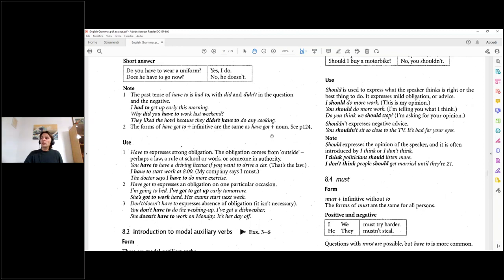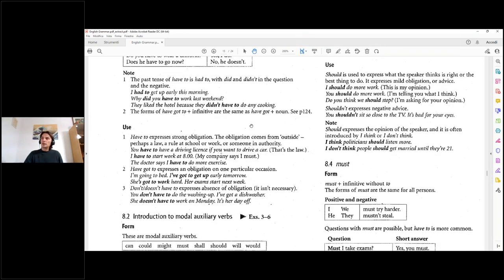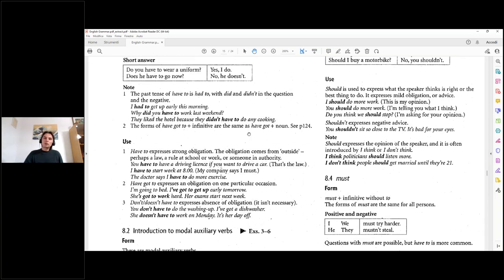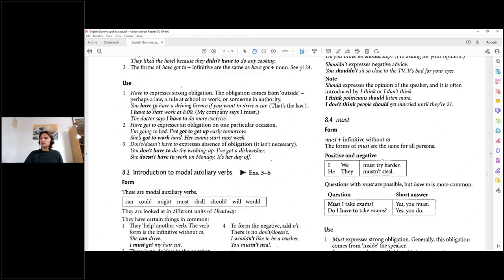Quindi lo stesso vale have got, che come vi avevo detto in precedenza non è molto comune nell'inglese americano o in generale in ambito internazionale, è soltanto forse comune nell'inglese informale del Regno Unito, ecco.